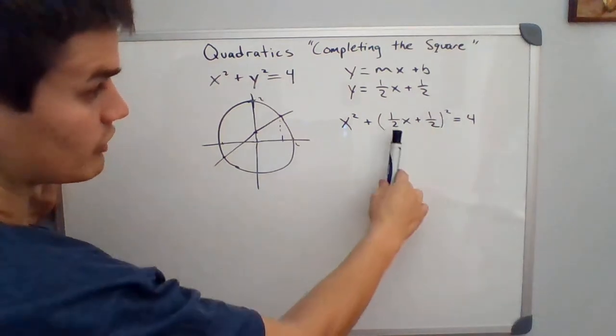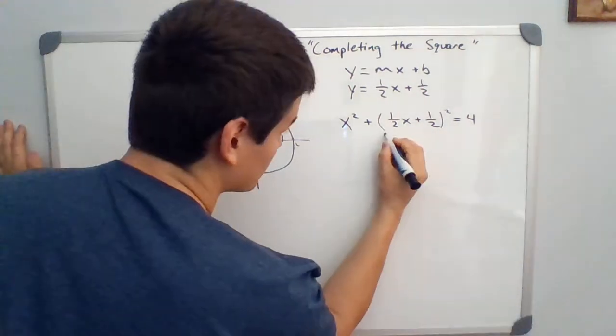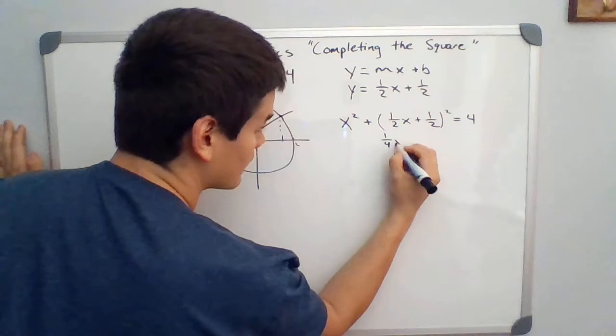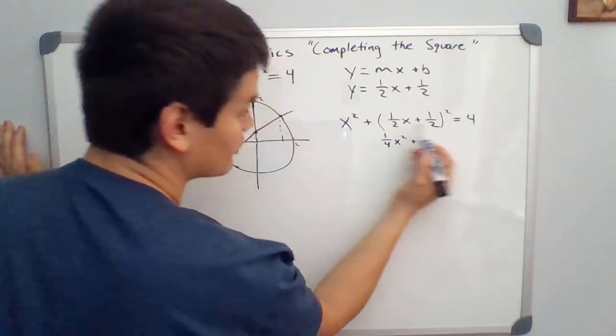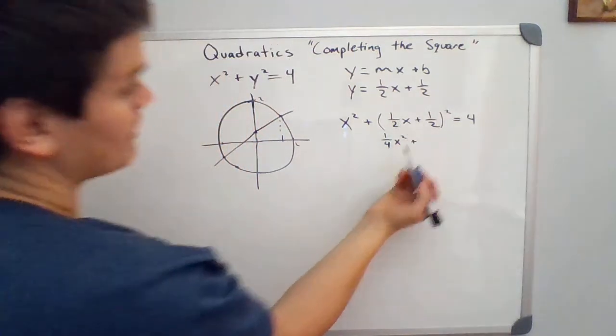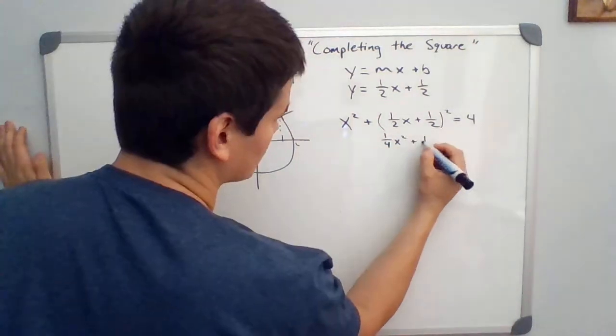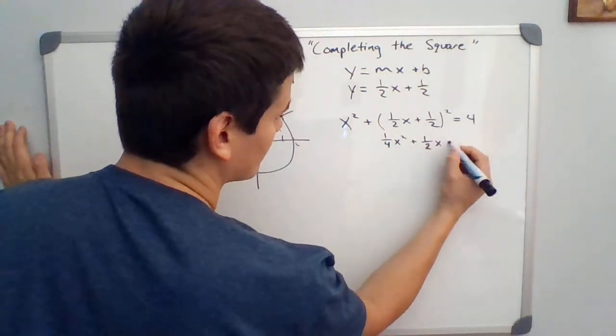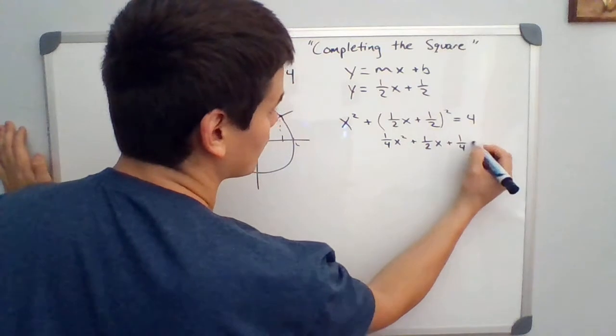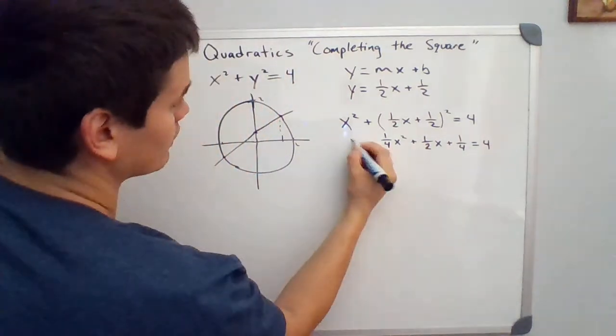Alright, so from here I have to square this term, so that's going to be 1/4 x squared plus 1/2 times 1/2 x, but then times 2, so 1/2 x, plus 1/4, is equal to 4.